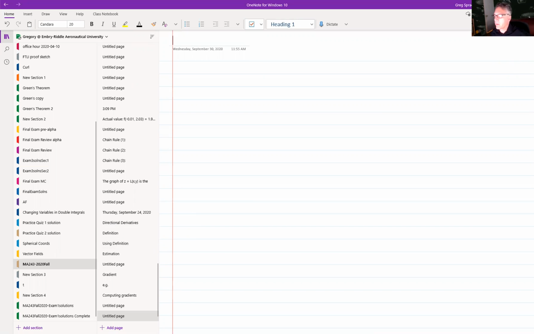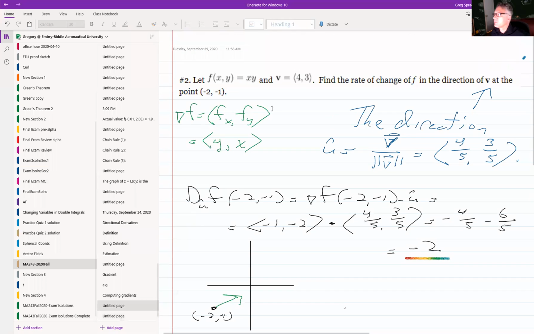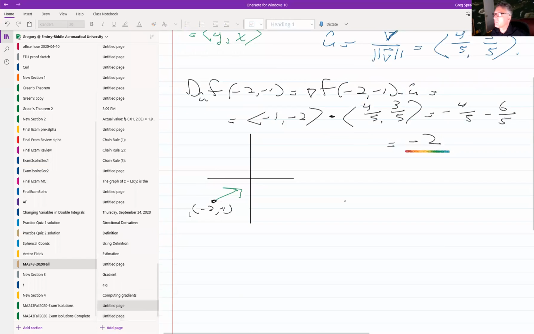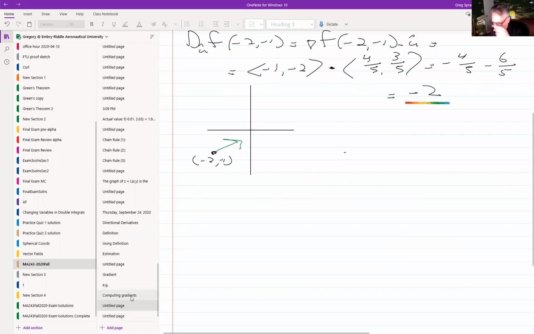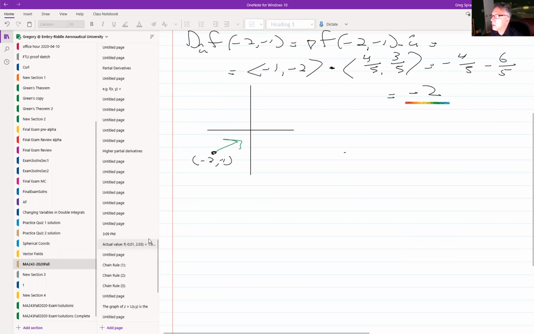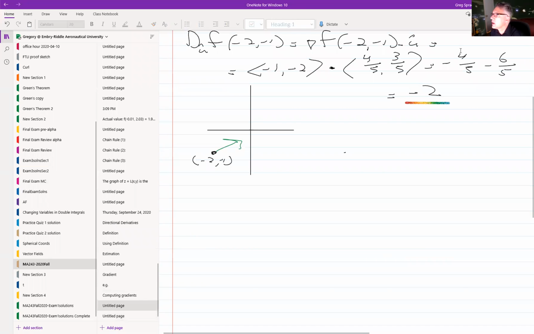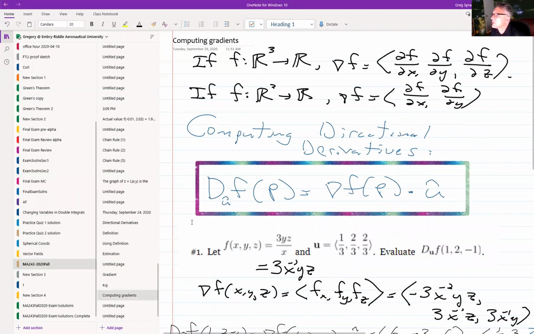Well, I'm going to justify something that I claimed before without proof. Last time I claimed a couple of things. I showed you how to compute the gradient. Its components are the partials of f with respect to the variables.